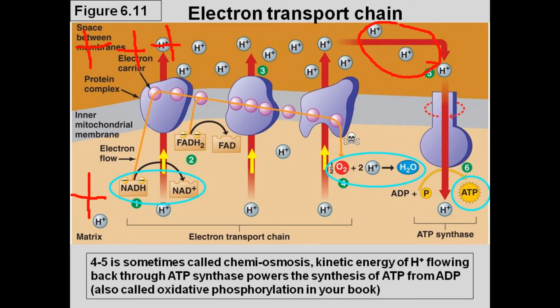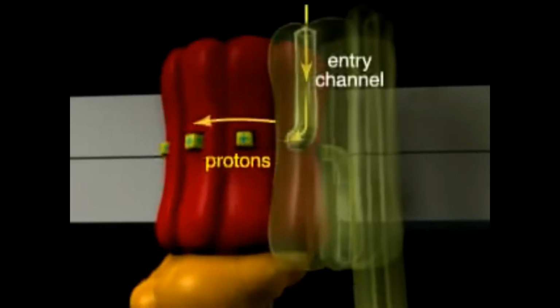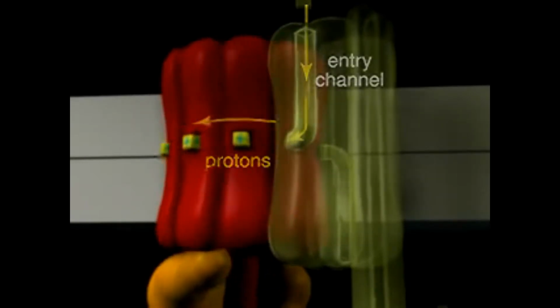But this membrane is not permeable to these hydrogens, so it has to go through a specific channel. And what it does is it goes through a complex which is called ATP synthase. It's really cool. It's a proton pump, and the hydrogen will go into this ATP synthase, and it twists this synthase. It's like a machine, which is really amazing.